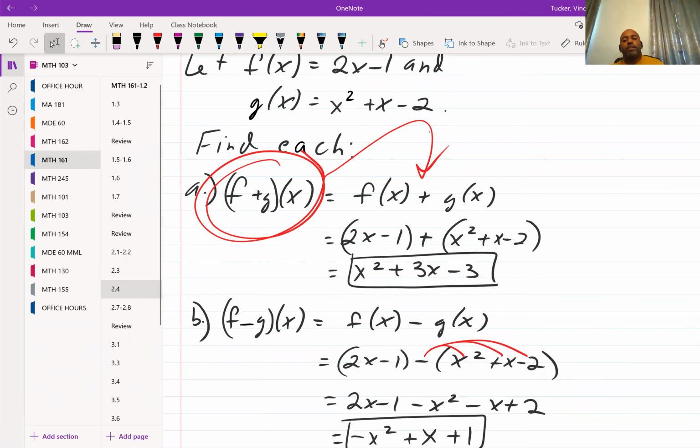And then if we were subtracting them, just don't forget to distribute that negative into that g function, turn each one of your signs opposite, and then from there combine your like terms.